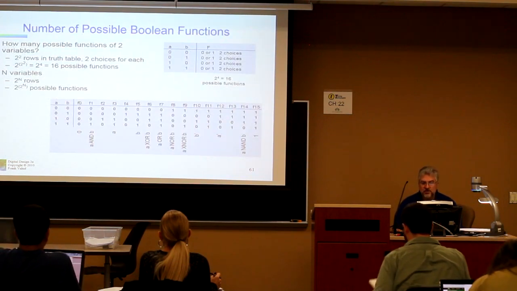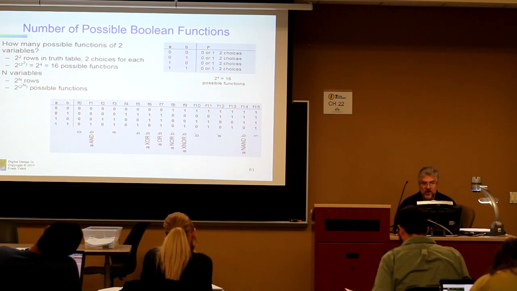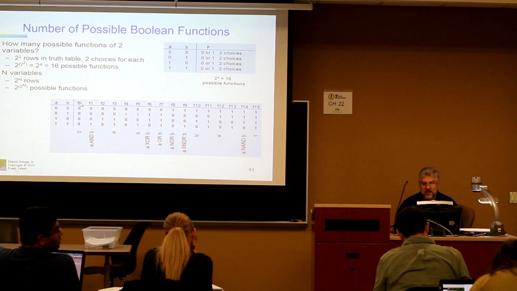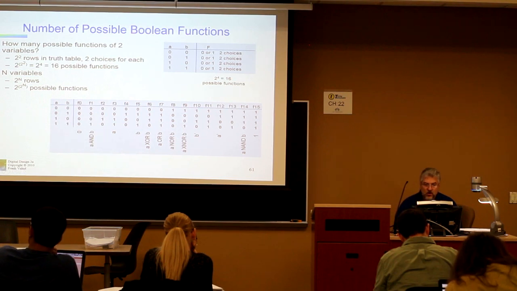So the number of possible Boolean functions, if you think about everything that's going on. When A is 0 and B is 1, you could work on it such that the output will always be 0 or the output will always be 1.